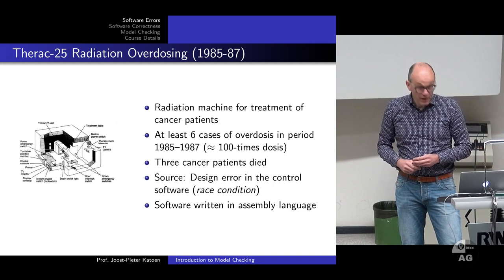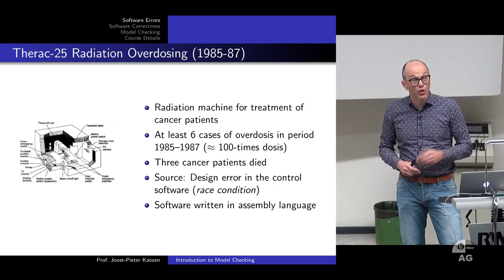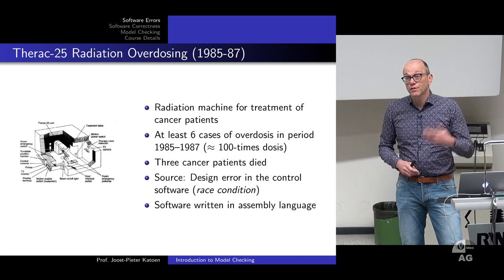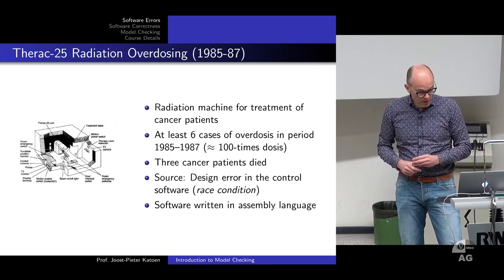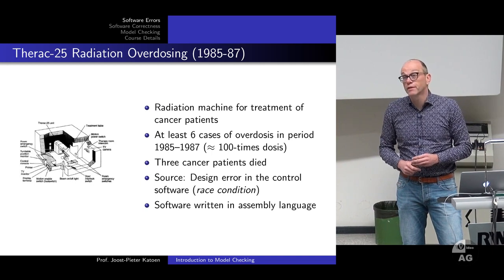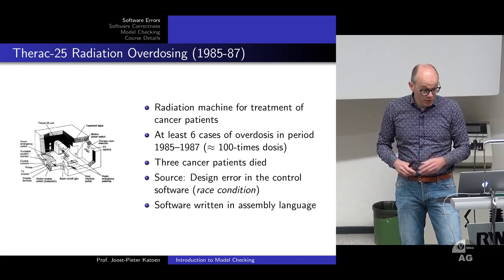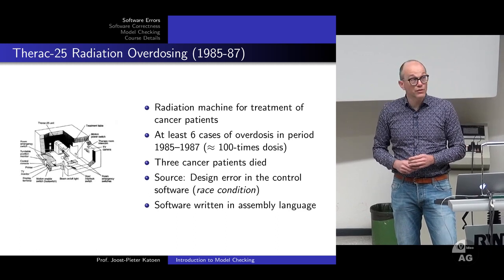And the source, after investigating carefully the whole system, the hardware, the software, the radiation machine, it turned out to be the case that there was a design error in the control software, and a bug which is known as a race condition.